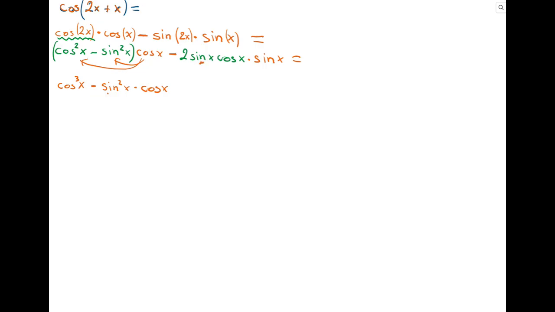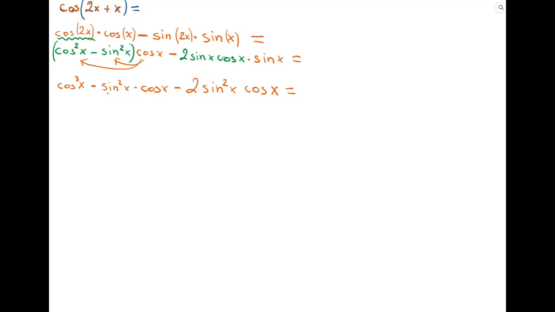So we have that sine here multiplied with, oh, this is cool. Okay, 2 sine x cosine x times sine x will be minus 2 sine squared x cosine x. All right, equal, and we are not touching that side.